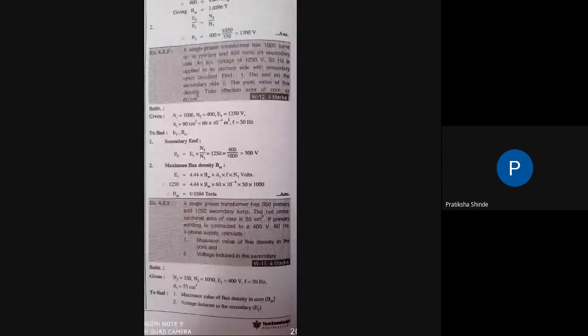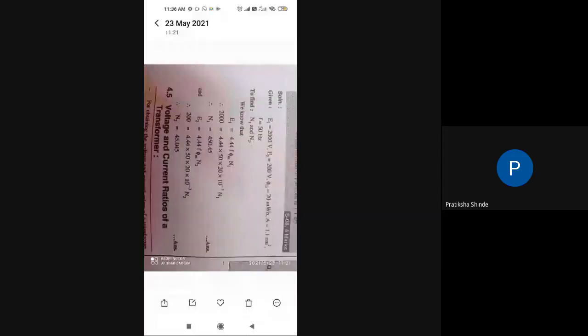Phi m is equal to Bm into Ai, or phi m is equal to area into your magnetic flux density.